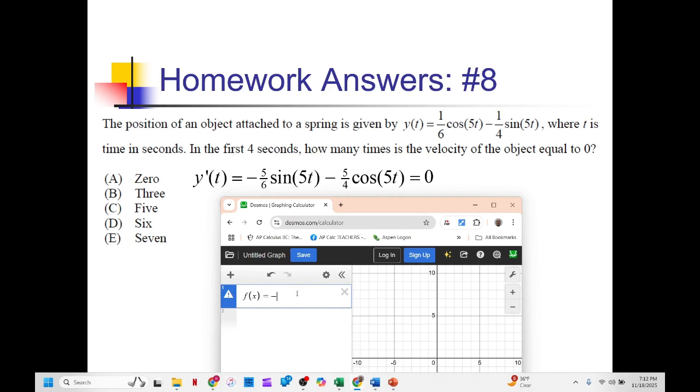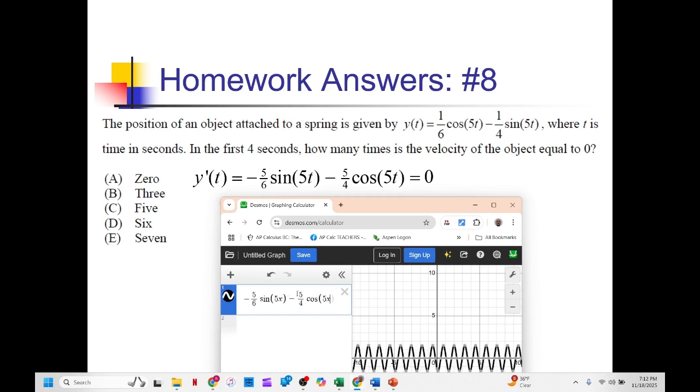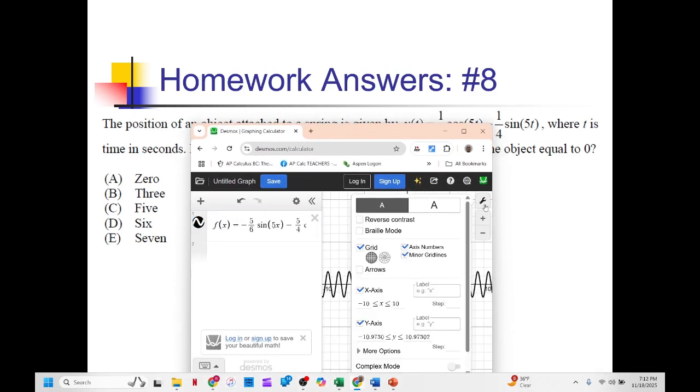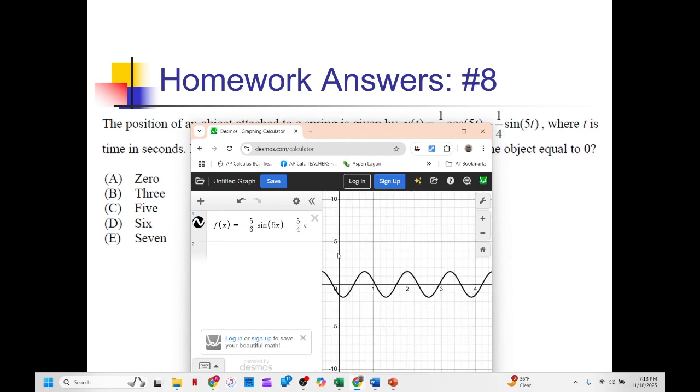So we've got negative 5 over 6, and then sine of 5x minus 5/4 cosine of 5x. And again, we're just seeing how many times this equals 0 on the interval from 0 to 4. So let me pull this up and change my interval. I'm going to make this go on the x-axis from, we'll do negative 0.5 to 4.5, just so I can see the full interval. And here's what we're looking at.